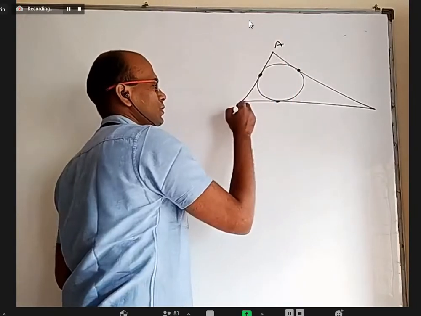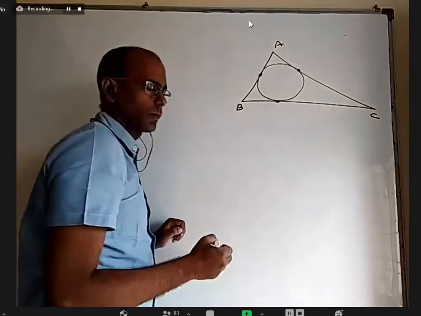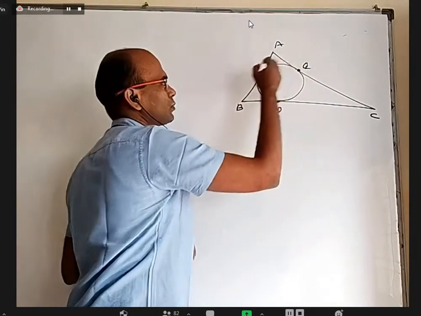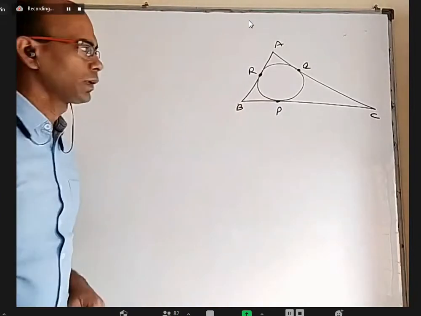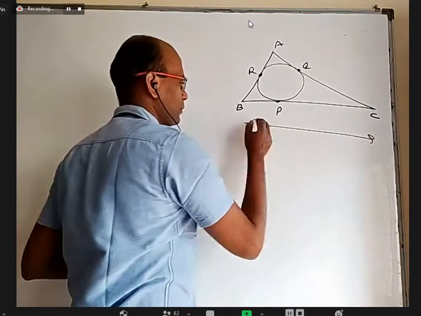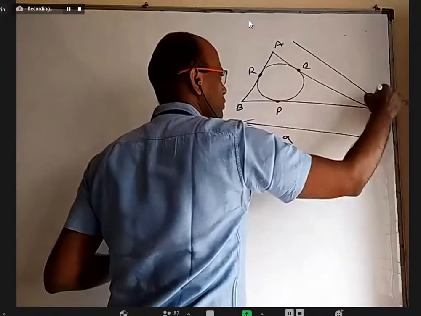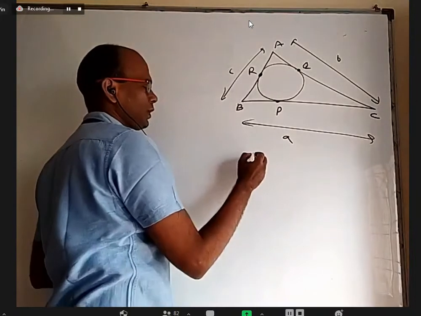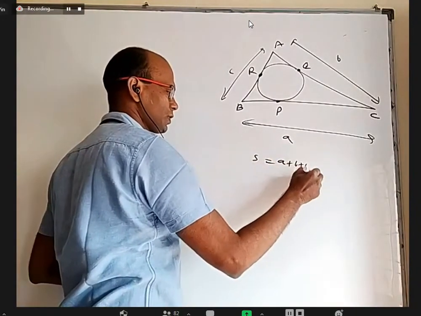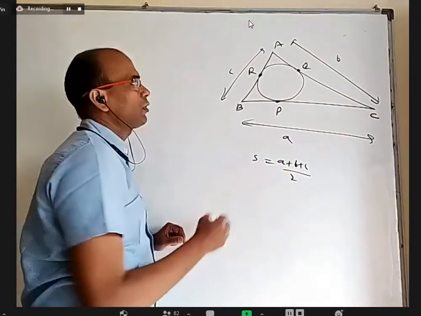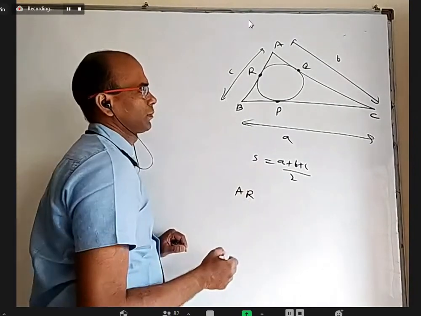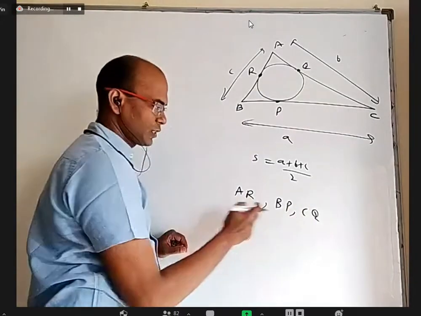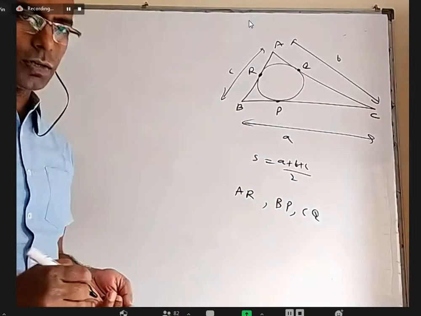This is A, this is B, and this is C. The points where the circle touches are P, Q, and R. We know this total length is A, this is B, and this is C, and S is equal to (A plus B plus C) by 2. I want to know what is the AR length, what is the BP length, and what is the CQ length, each one of them separately in terms of A or B or C or S.